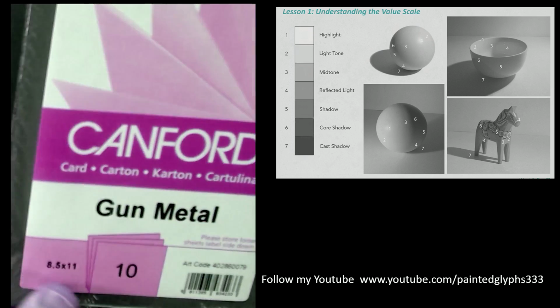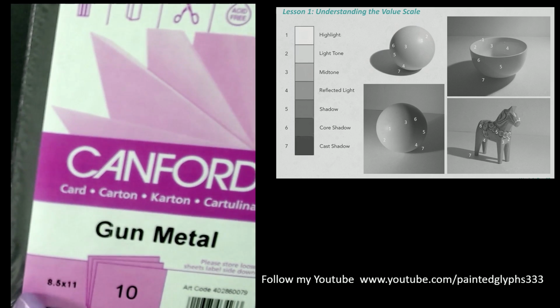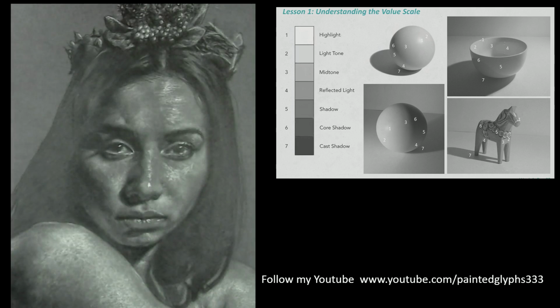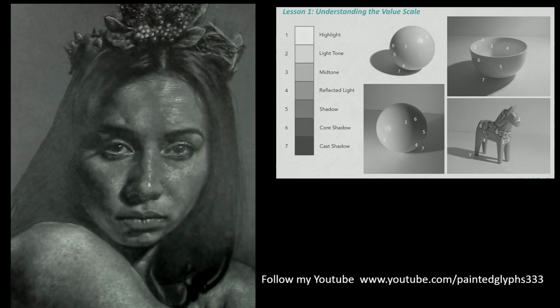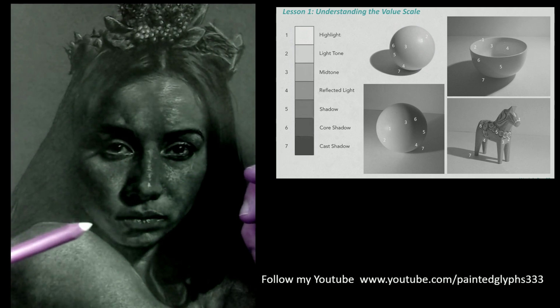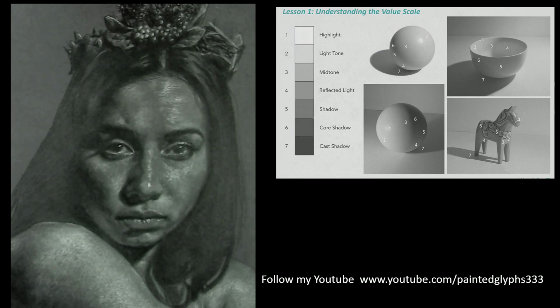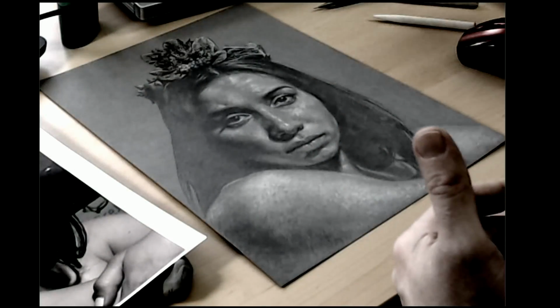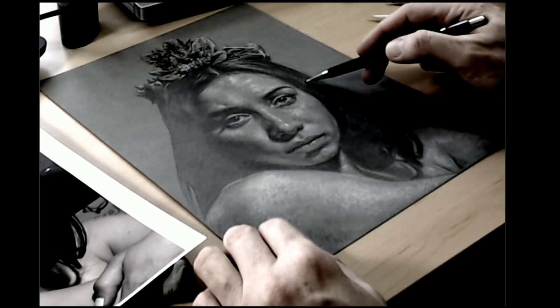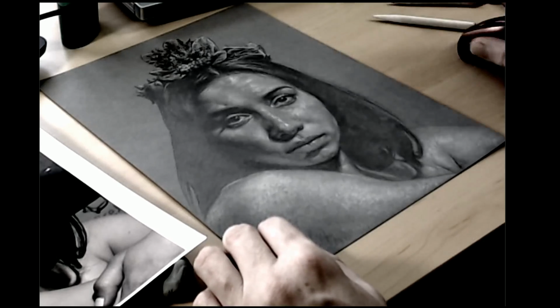It comes in 10 sheets, 8.5 by 11. It's really great. It's thick, it's sturdy, it holds up everything. It's just a fantastic surface to work on. And of course the Pitt pastel pencil is my white pastel pencil that I use. So having the different angles, I could really do things that I wouldn't be able to do. And still a work in progress.